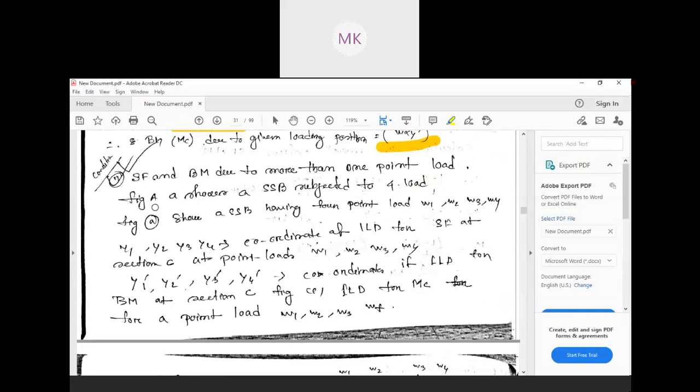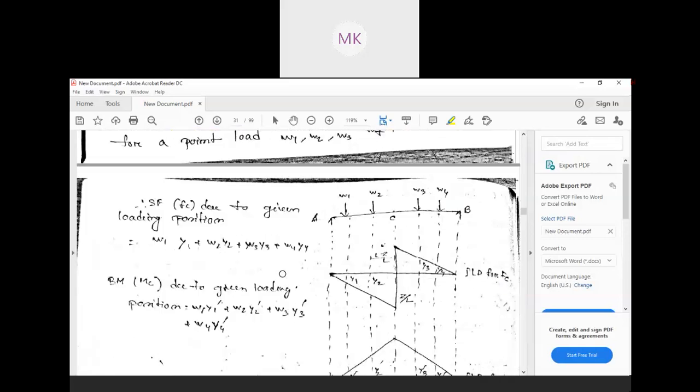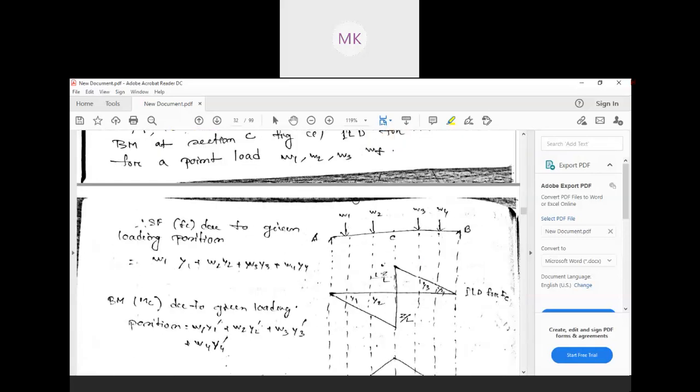Similarly, when we consider more than one point load, here you see we are considering four loads: W1, W2, W3, and W4. Similarly, SF is given by, very simple, W1 into Y1 plus W2 into Y2, plus W3 into Y3 plus W4 into Y4.